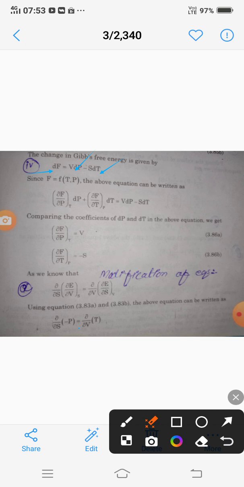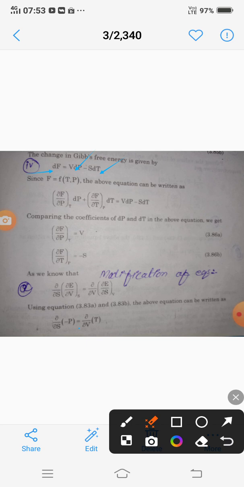Keeping in mind these assumed factors, we will get the modifications of these equations. When we write the first factor, we notice here that the entropy is taken as constant.